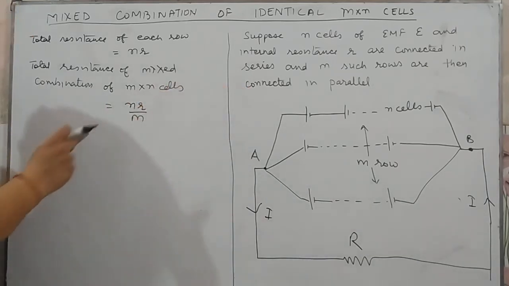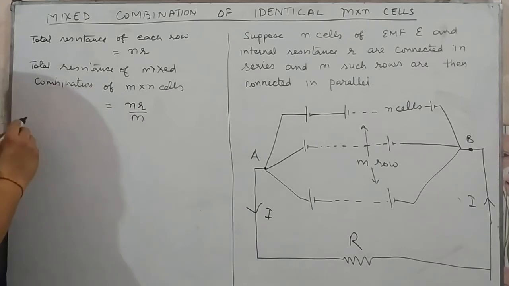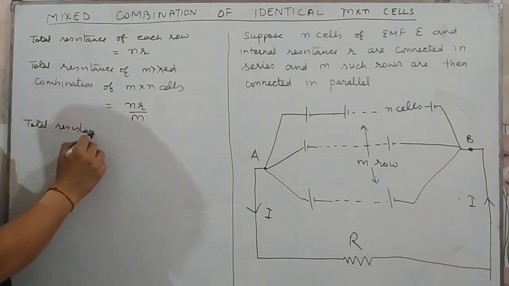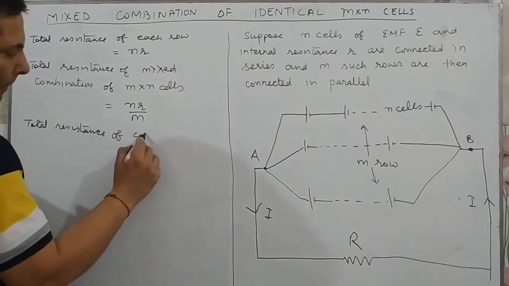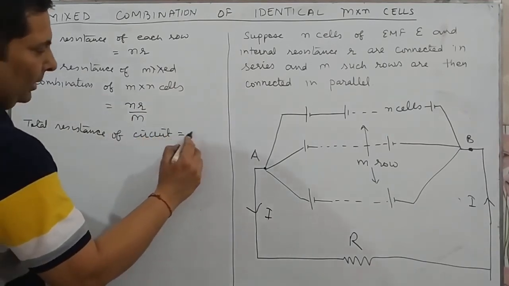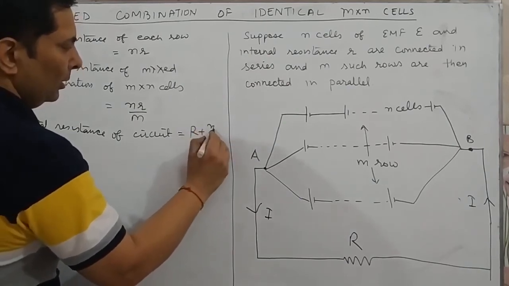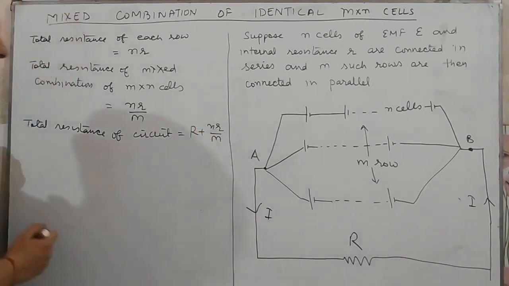So this is nr upon m. Now the total resistance of this circuit is R plus nr by m.